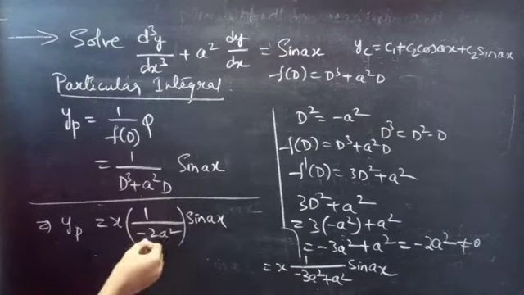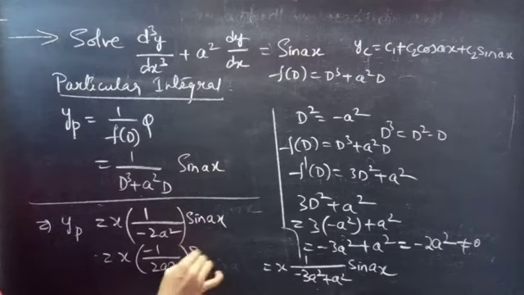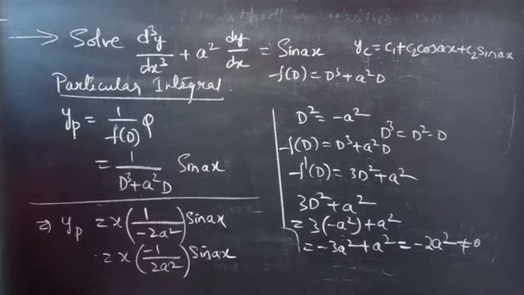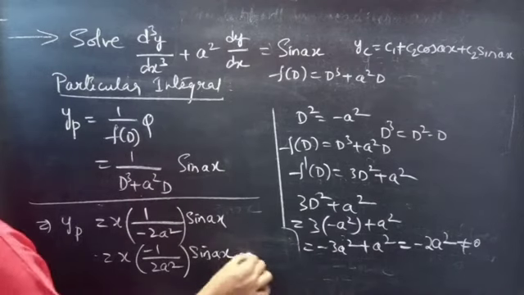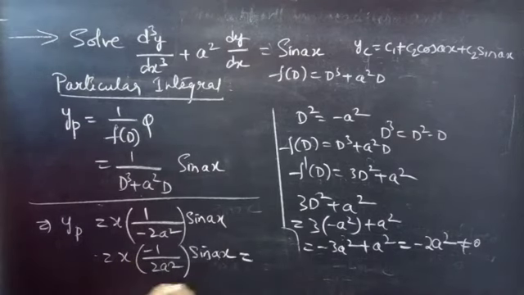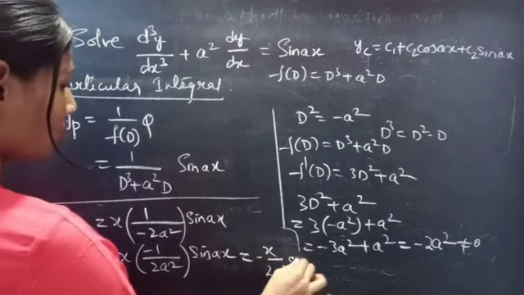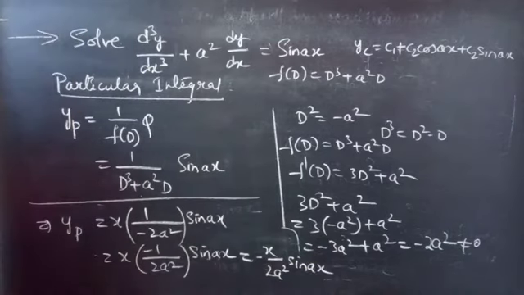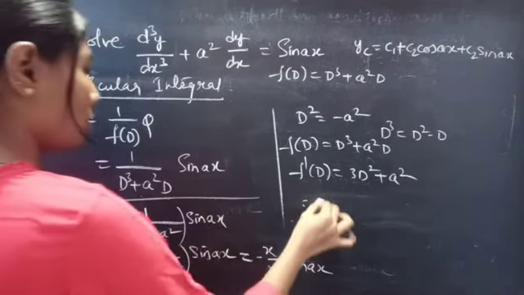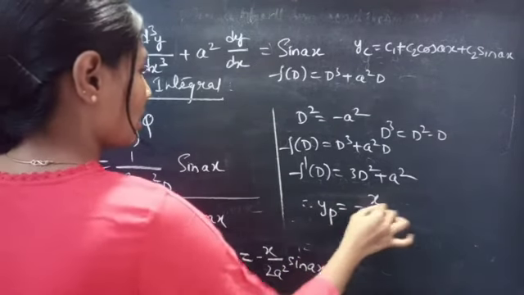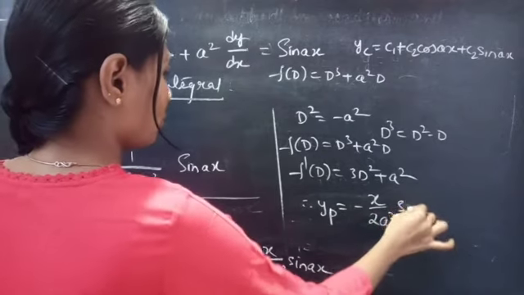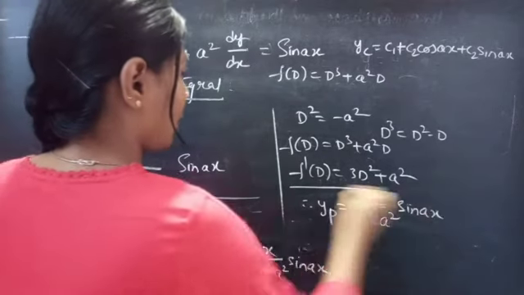You can write 1 by minus 2a square as x into minus 1 by 2a square into sine ax, which equals minus 1 into x, that is minus x by 2a square into sine ax. Therefore, yp equals minus x by 2a square into sine ax.